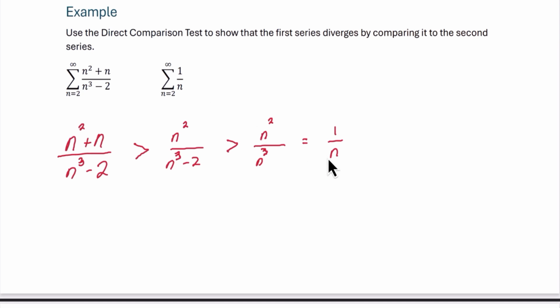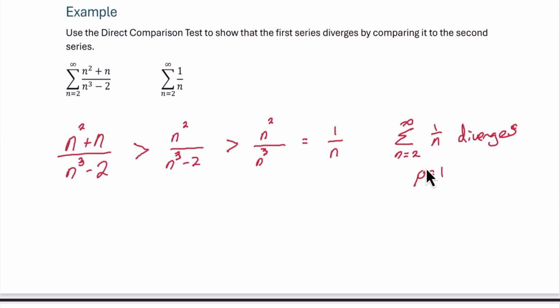We know that the sum from n equals 2 to infinity of 1 over n diverges. Right, this is the harmonic series. We could also think of it as the p-series. p equals 1, and if p is 1, it diverges.